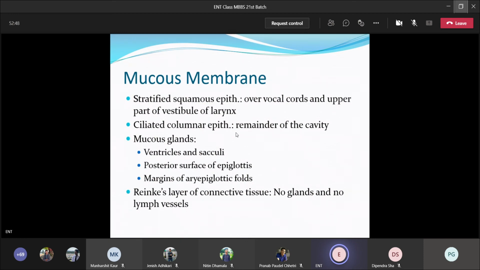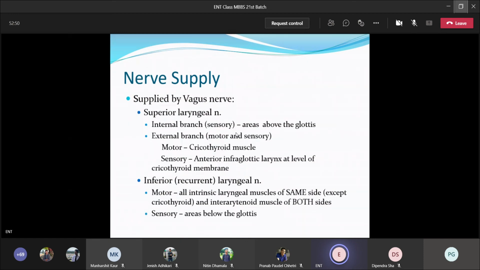And the next slide is nerve supply. Nerve supply of the larynx. It is supplied by the vagus nerve. Superior laryngeal nerve: the internal branch is sensory to areas above the glottis, and the external branch is motor and sensory. Motor is to the cricothyroid muscle, sensory is to the anterior infraglottic larynx at the level of the cricothyroid muscle.